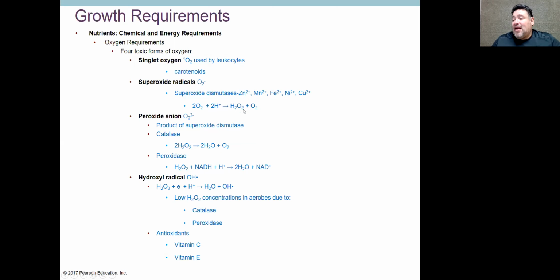So what happens now? Well, we go to the next level here, the peroxide anion. Notice we still have our oxygen molecule, but instead of having one extra electron, we have two extra electrons. These electrons are very unhappy, okay? The only thing worse than one electron with nothing to do is two electrons with nothing to do. So here it is. There's a peroxide anion, okay?